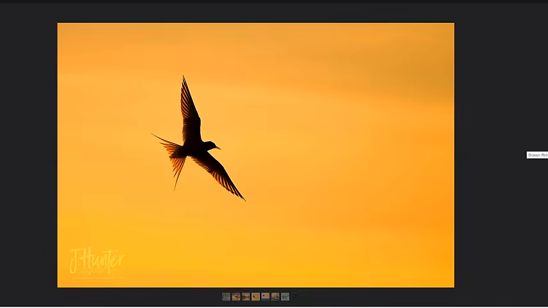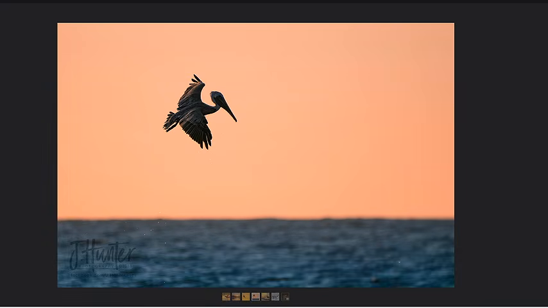And we were watching these terns hunt, hunting into the orange sky. So we changed locations. We went over to where they were, and after just watching them do what they were doing, we were able to get some nice shots of the terns in the sunset. So that was a really nice opportunity that we took advantage of there.